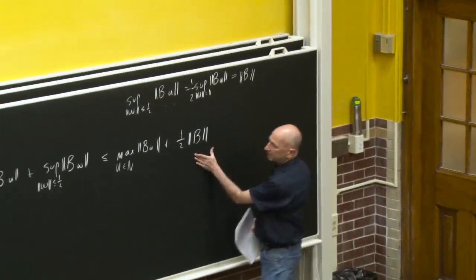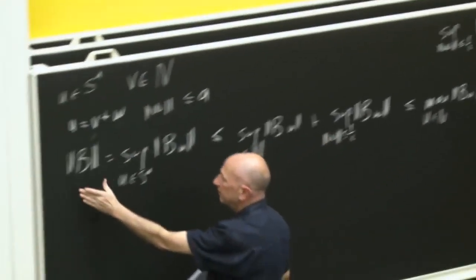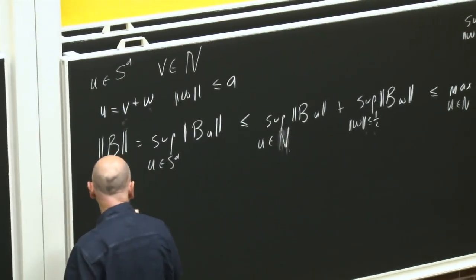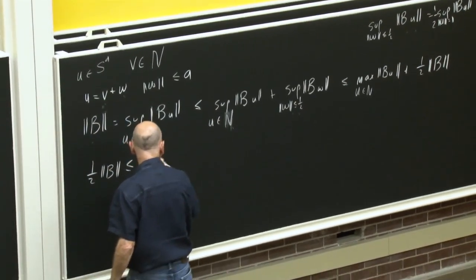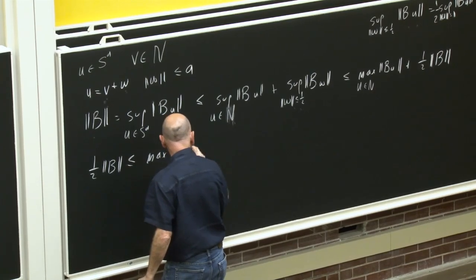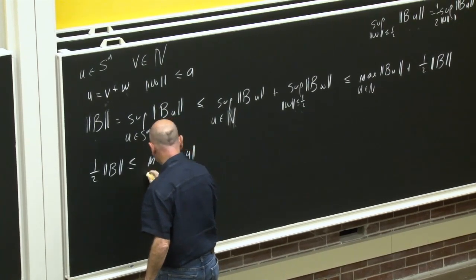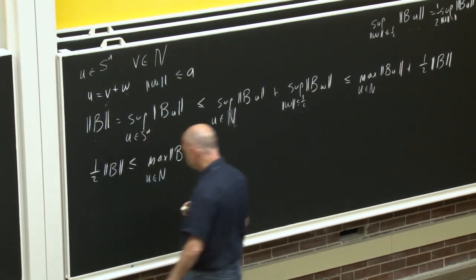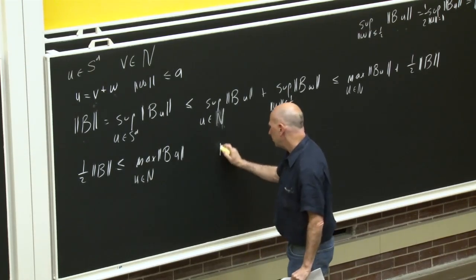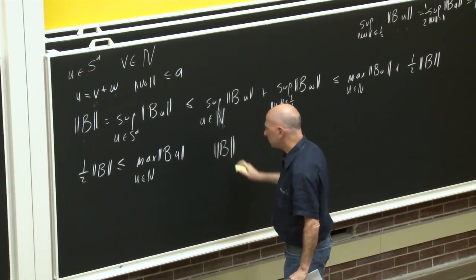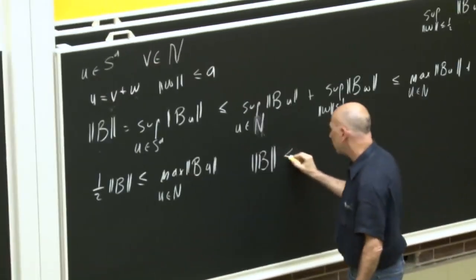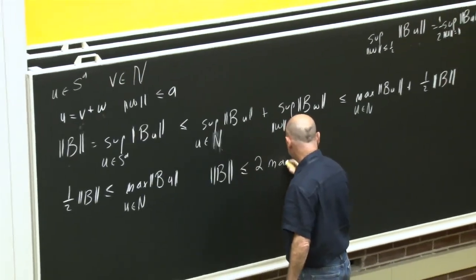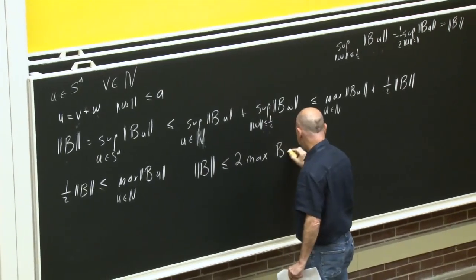If I bring this half to this side, I get 1/2 of the norm of b is less than or equal to the maximum over the finite set. Or in other words, the norm of b, which was a sup over a continuous object, is less than or equal to 2 times the maximum over a finite net.